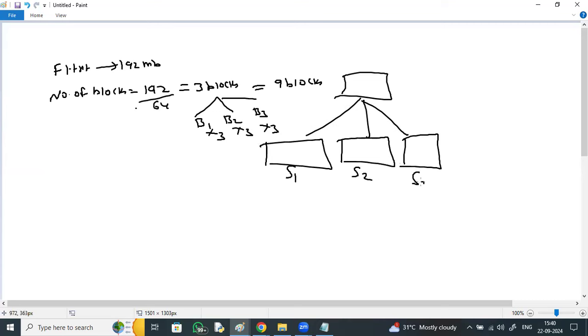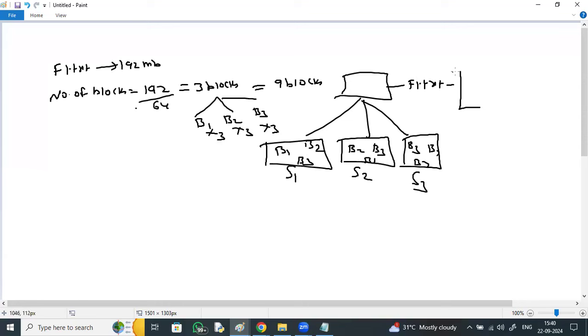S1, S2, S3. The 9 blocks are B1 here, B2 here, B3 here. Again B1, B2, B3. Again B3, B1, B2. In this way, 9 blocks are going to be stored across the 3 slaves.